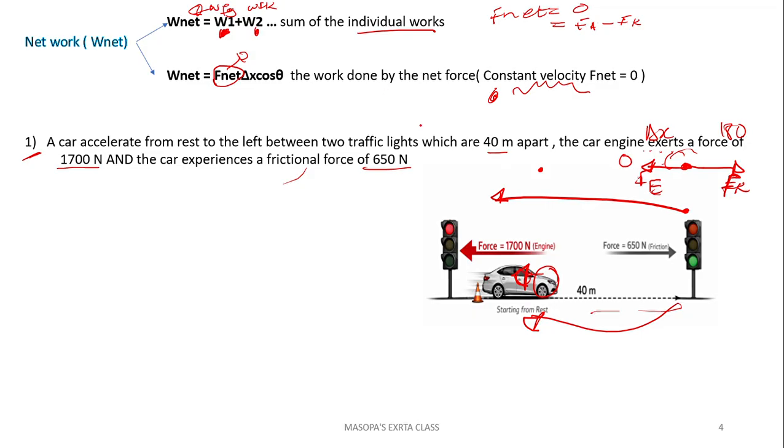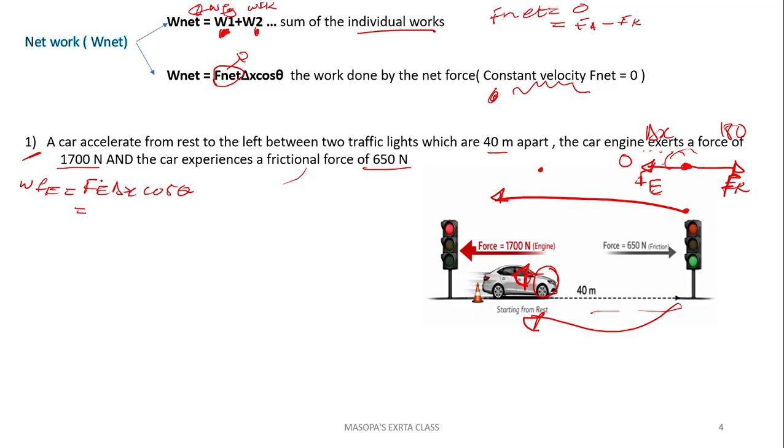Right. So here you can see that we're going to use the first method, whereby we sum the individual work. We start with the work of the force of the engine, which is equal to the force of the engine times delta x times cos of theta.